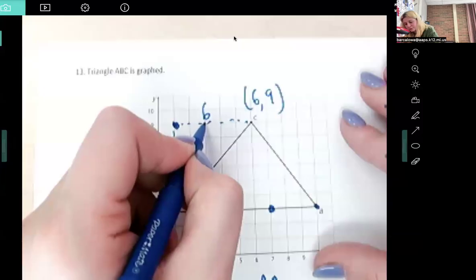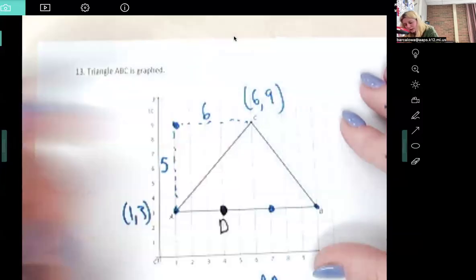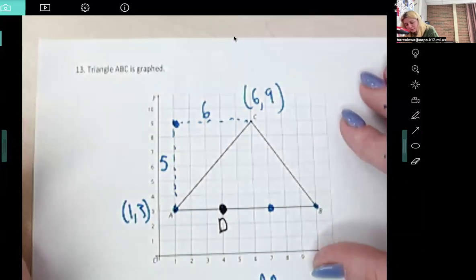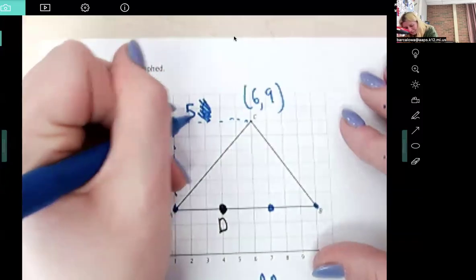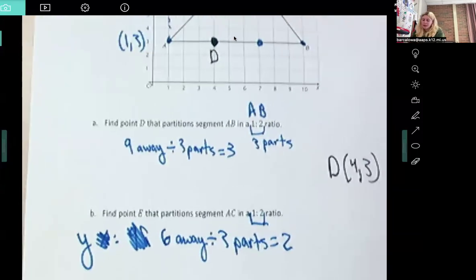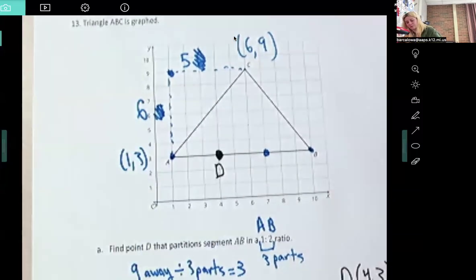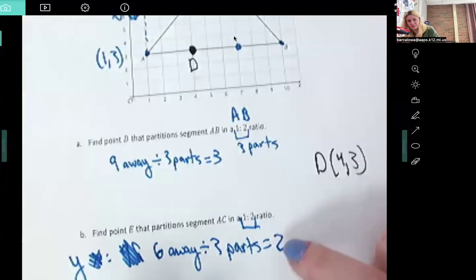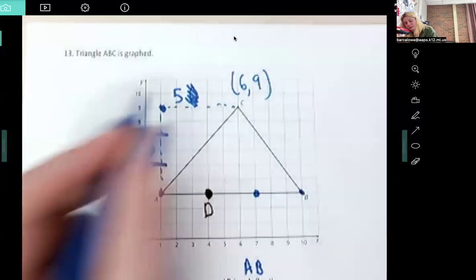So 1, 2, 3, 4, 5. That's 5? What's wrong with me? Oh, I labeled these wrong. Bear with me, guys. This should be Y. Geez, Louise, I bet you're screaming at your computer screen. My Y values are 6 away, so I'm going to split those up into 3 parts. Every 2 units. So 1, 2, 1, 2, and there's 1, 2.